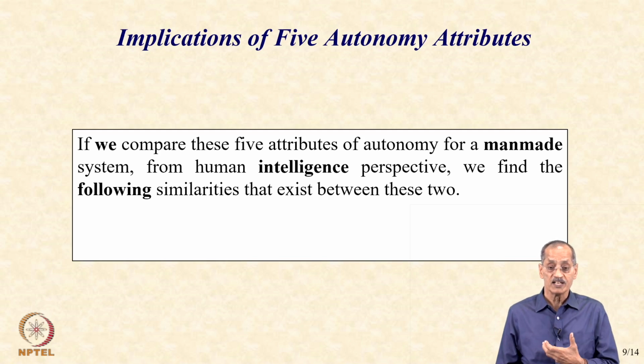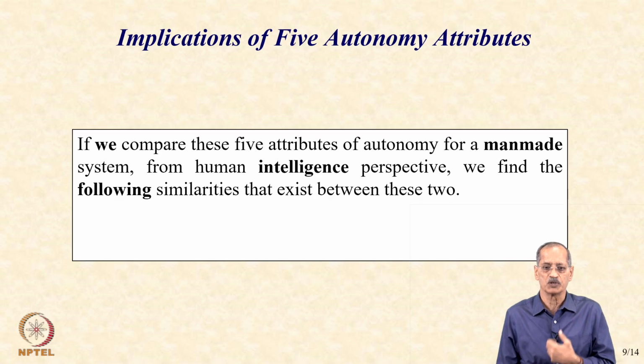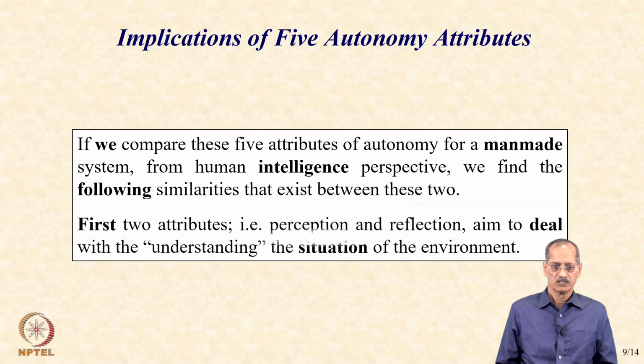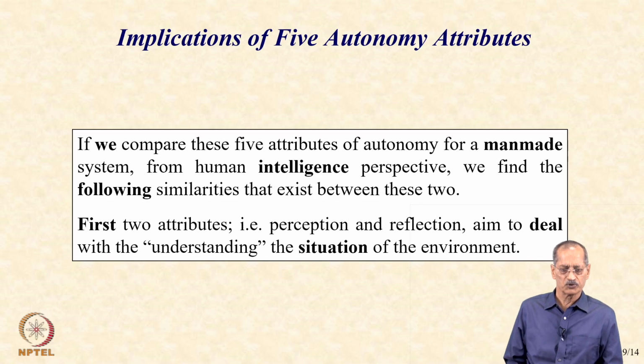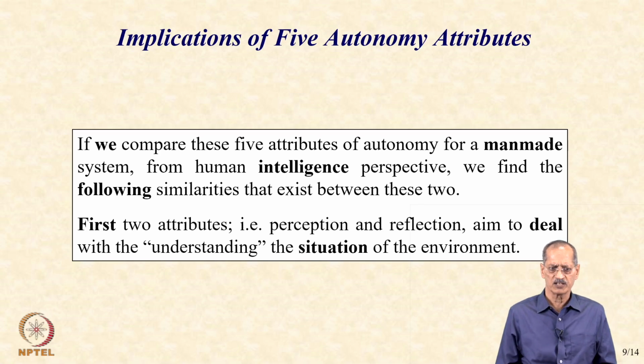So, from a human intelligence perspective, we find that these 5 attributes that we are now saying should be part of any autonomous system that we want to create have similarities, and if we understand them, we also have a better connection with these attributes. The first 2 attributes, perception and reflection, are essentially understanding the situation of the environment.